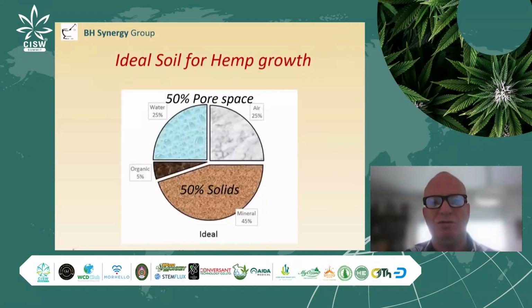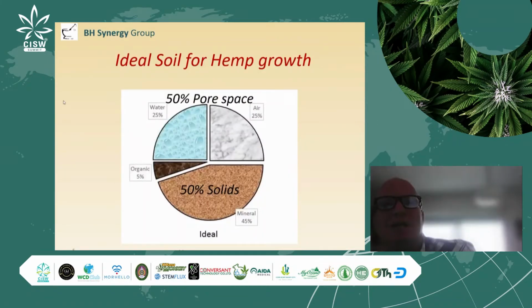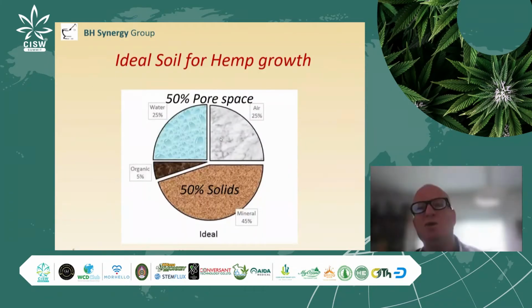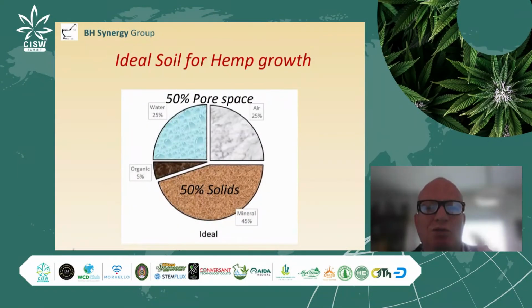Let's talk about it. If we go inside to give the ideal soil structure, we can see that 50% can be solid, 25% can be water, 25% the air, and 5% is for the organic matter, part of the solids.